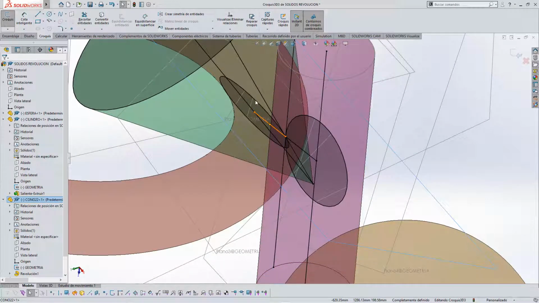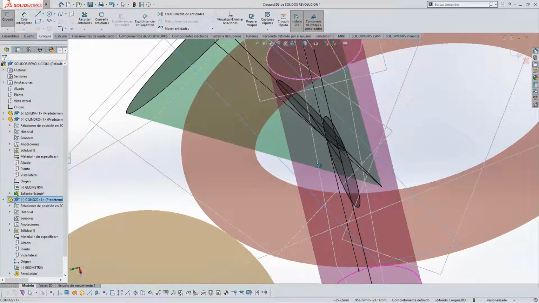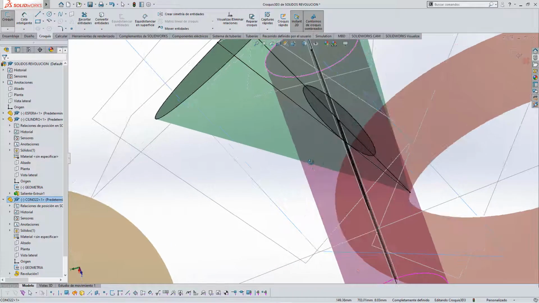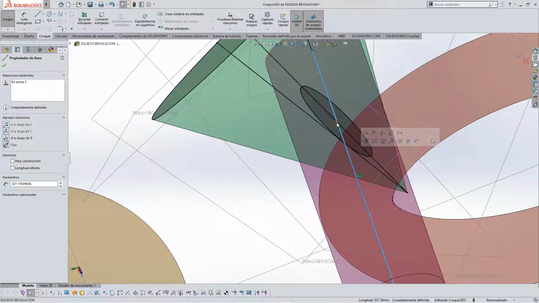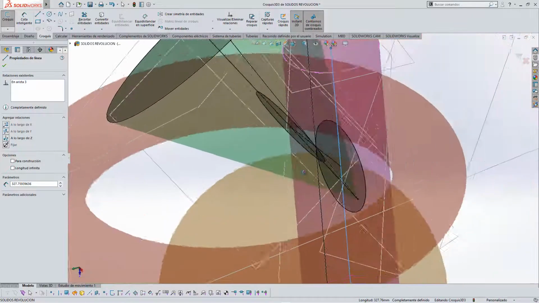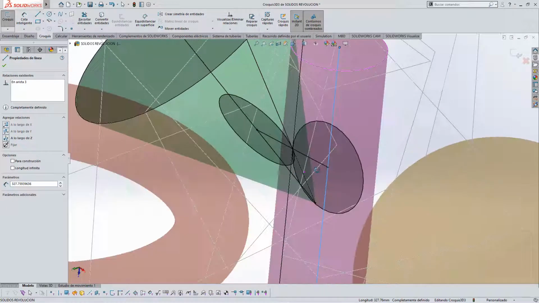In the same way, if we look now for the other plane, the one containing the circle of the inscribed sphere in the cylinder, we can see that this plane contains the radius of the circle in the cone.